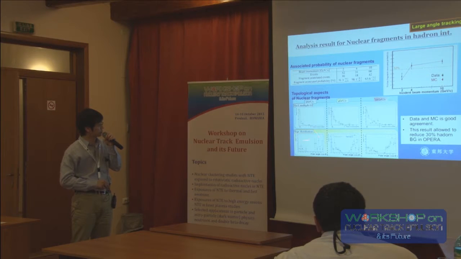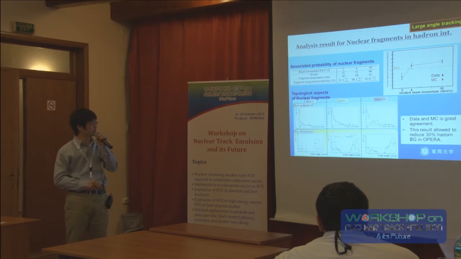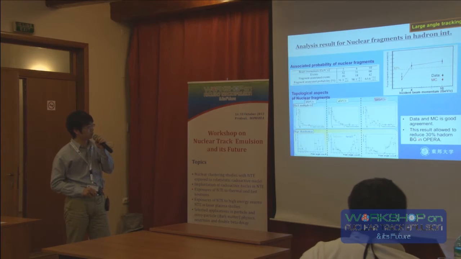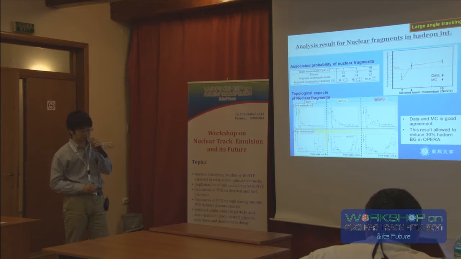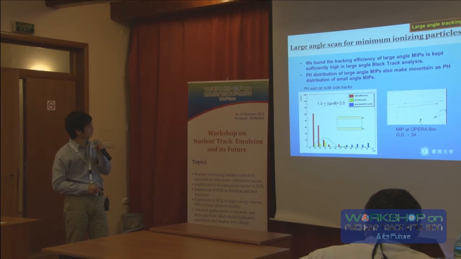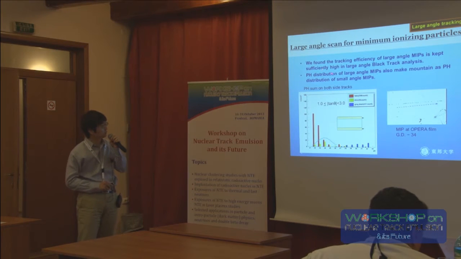So also this is data and Monte Carlo, and data and Monte Carlo are in good agreement. This result allowed us to reduce about 30% of hadron background in OPERA. Also we found the tracking efficiency of large angle MIP is kept sufficiently high in the large angle black track analysis.